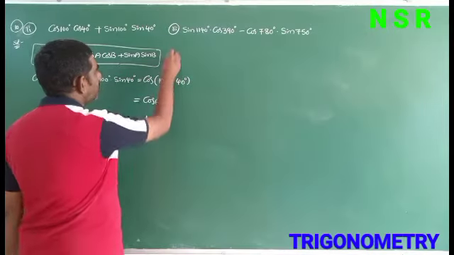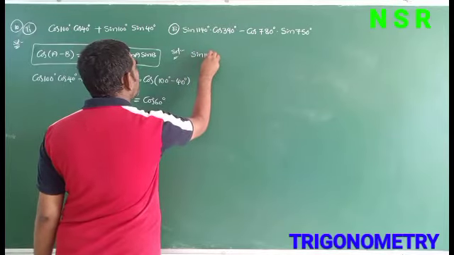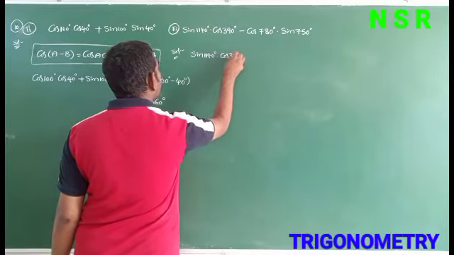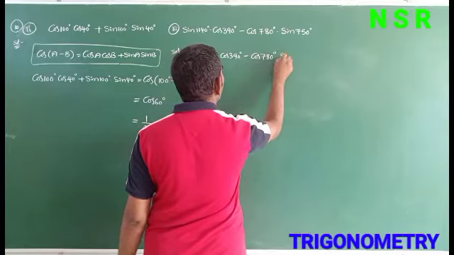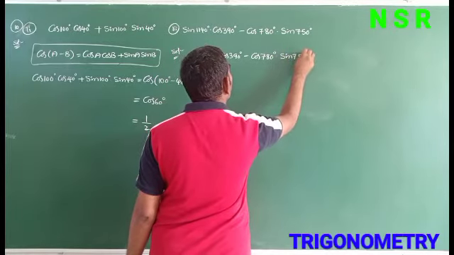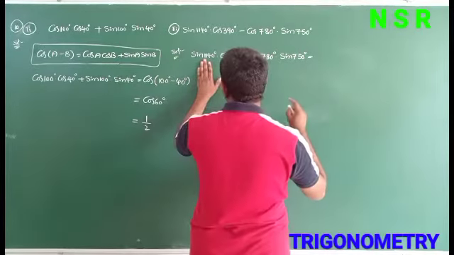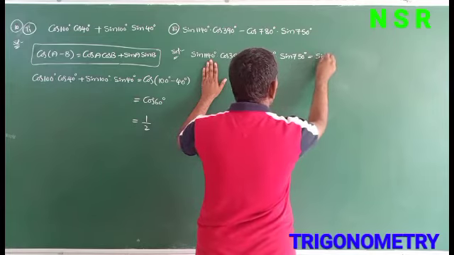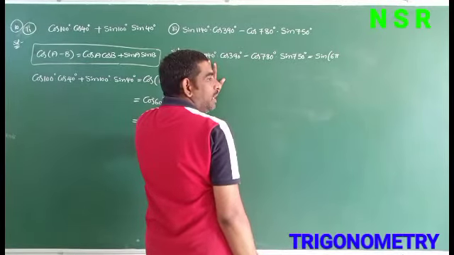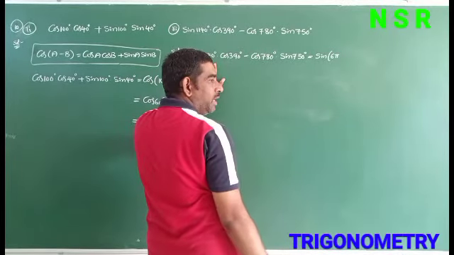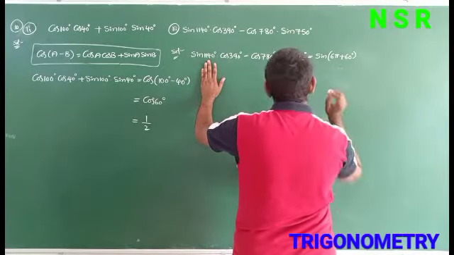Next, question number 3: sin 1140 into cos 390 minus cos 780 into sin 750. It can be written as sin 1140, which is near 1080, so we write it as sin(6 pi plus 60), since 1080 plus 60 is 1140.